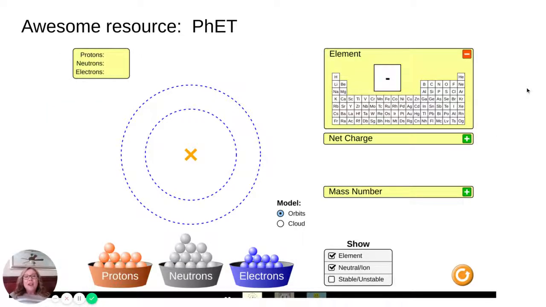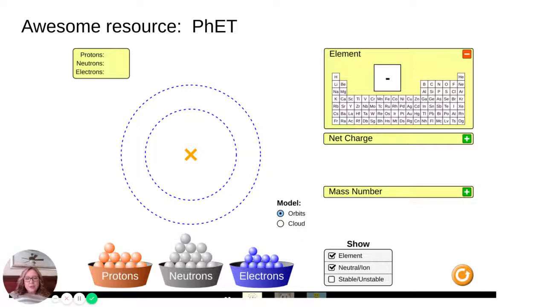Carbon has 4. So I just wanted to hop on and say one thing. I've talked about PhET before. PhET is a website that has awesome free simulations, in a game-like format, that give your students the chance to play around with different things in math and science. I really find these simulations helpful in chemistry in particular, because it's just really hard sometimes to visualize atoms.